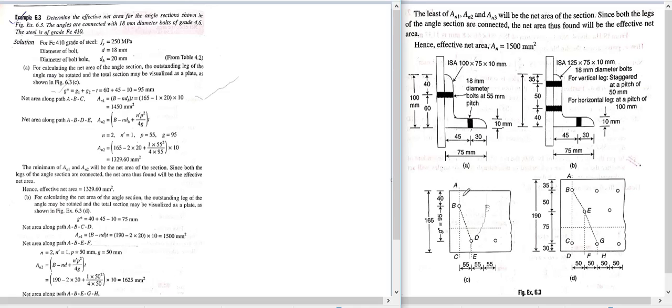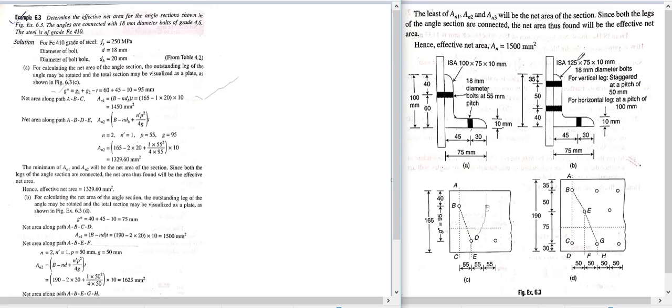The minimum governs the failure, that's why the minimum should be chosen. So the effective net area is equal to 1329.60. So I hope you understood.